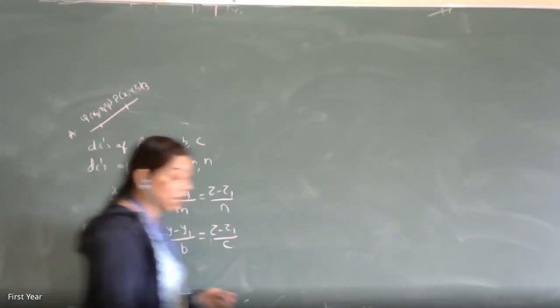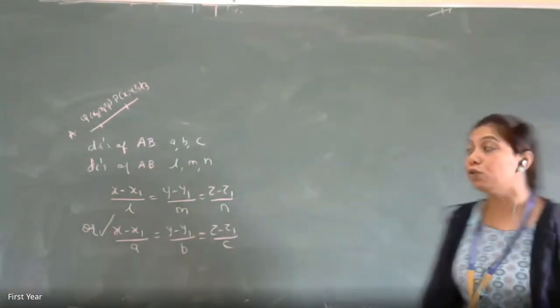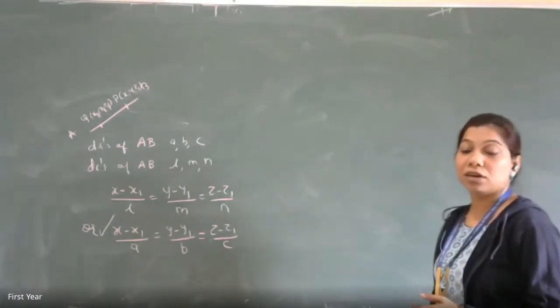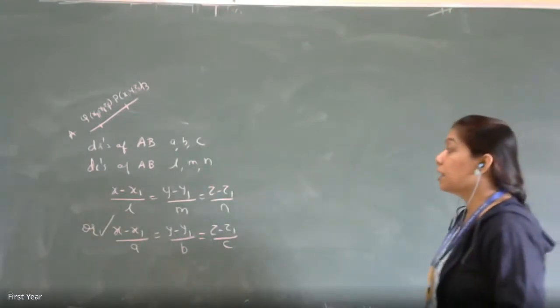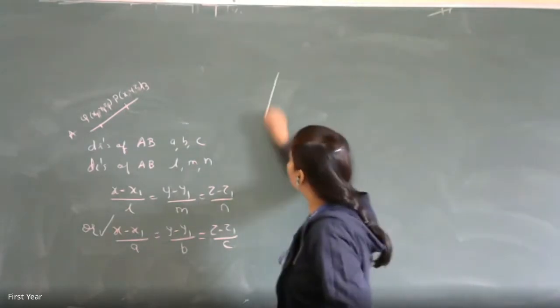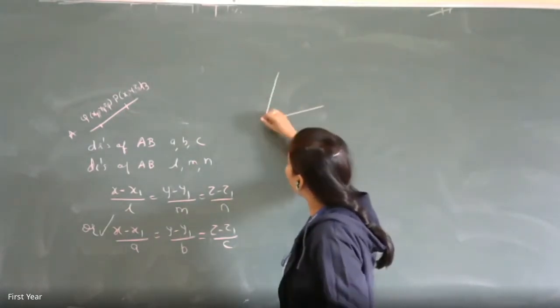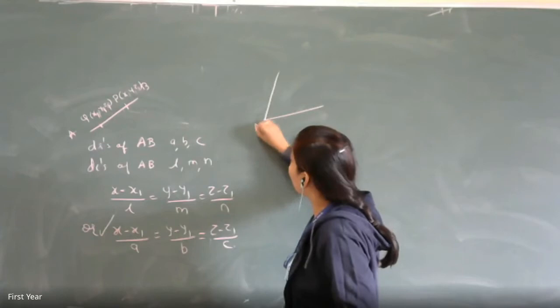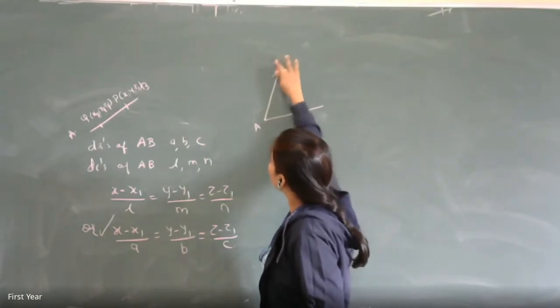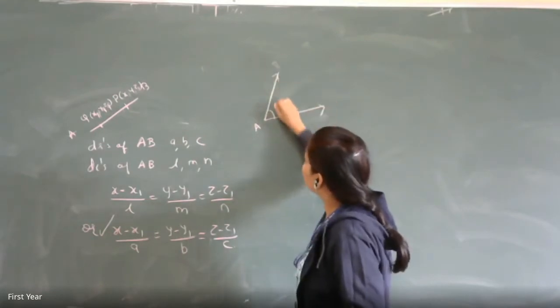Okay. The next thing that we require is the angle between two lines. Actually, in the advanced level activity, this has been taken up. Suppose this is your line one, say this is A, this side there is B, and the angle between the lines is theta.